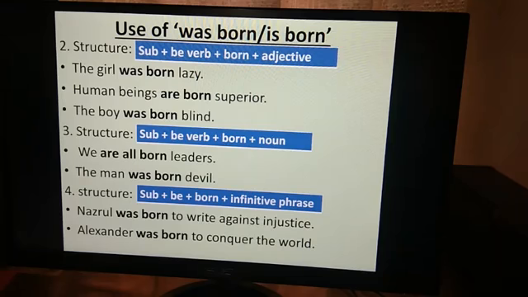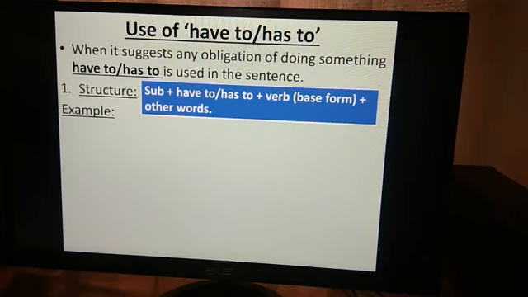Okay, we go for our next phrase: use of have to and has to. Very familiar phrase to you. When it suggests any obligation, when you are obliged or bound to do anything, in this sense have to or has to is used.